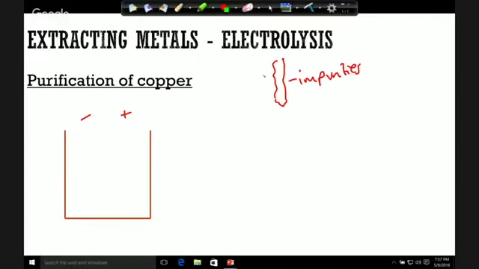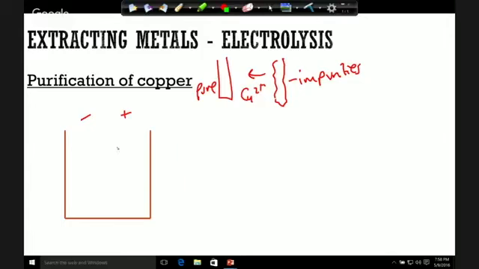And you want to transfer those copper atoms across to a block of pure copper. So if you've got an old straggly bit of copper with loads of impurities in it, so loads of other elements, maybe bits of carbon or bits of sulfur or main bits of the compound or the ore that it comes from, you want those copper ions to be transferred over to a pure piece of metal.